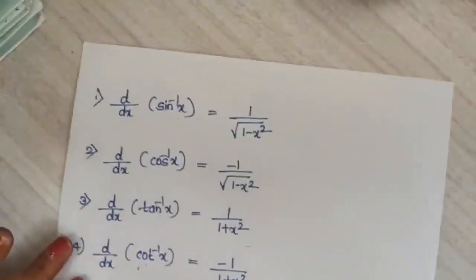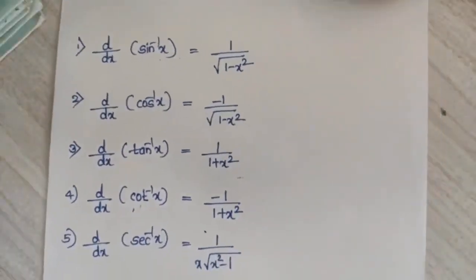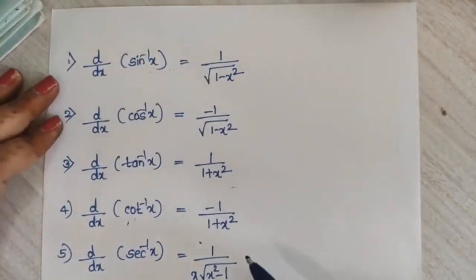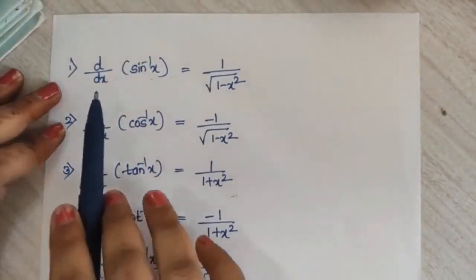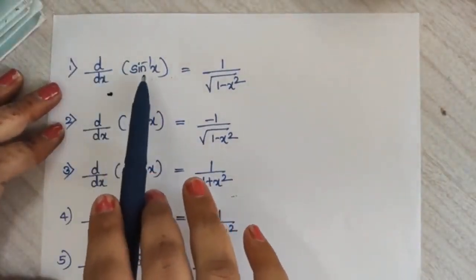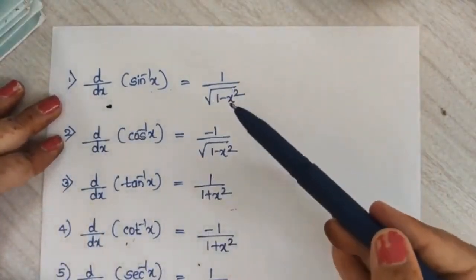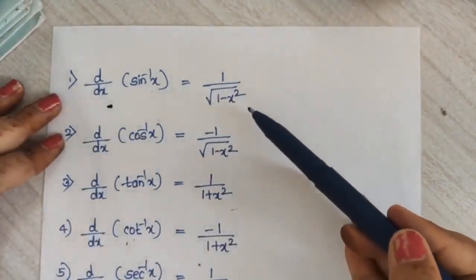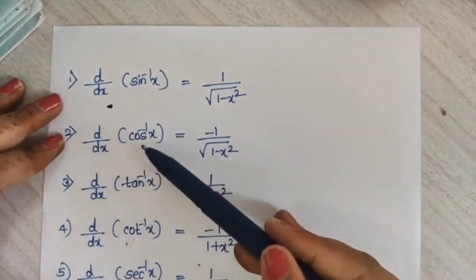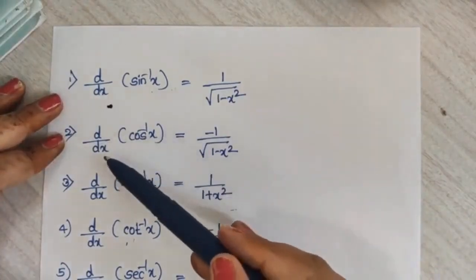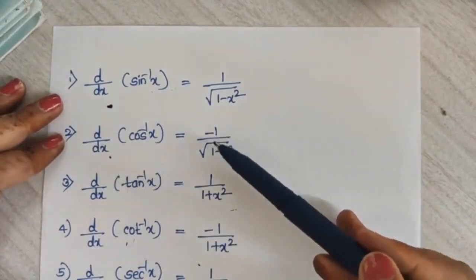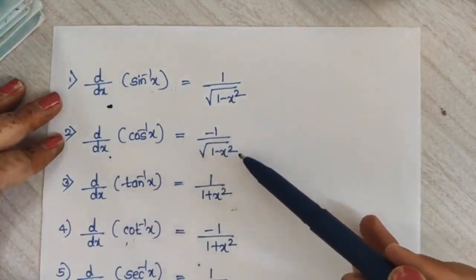So here I have written all the 6 formulas. I'll just read once. D by dx of sine inverse x with respect to x is how much? 1 divided by root of 1 minus x square. Differentiation of cos inverse x with respect to x is minus 1 divided by root of 1 minus x square.